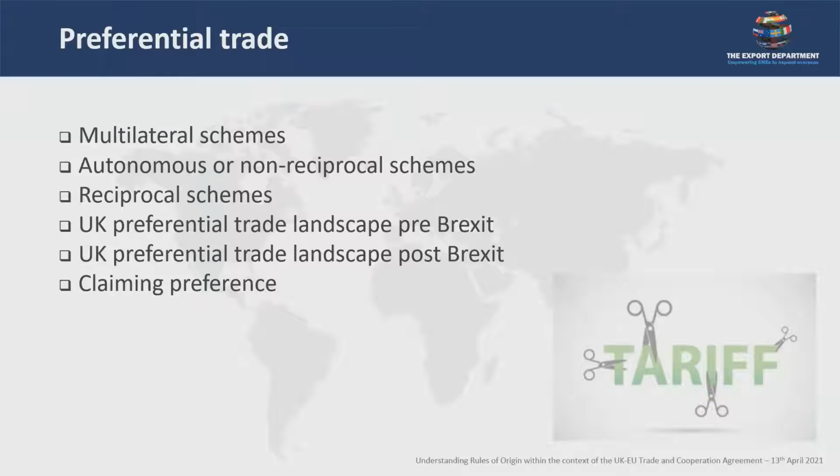Essentially, the Generalised System of Preference was established by the WTO as a mechanism for boosting the exports of least developed nations or emerging economies. So we as developed economies say essentially that we will import the goods from those countries at a reduced or zero rate of duty in an effort to help boost their exports, boost their industrialization strategy, and so on.